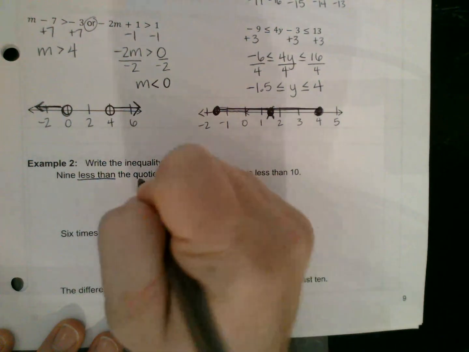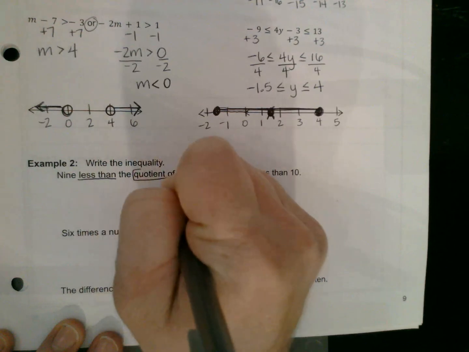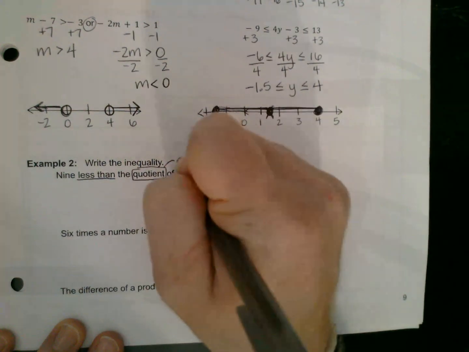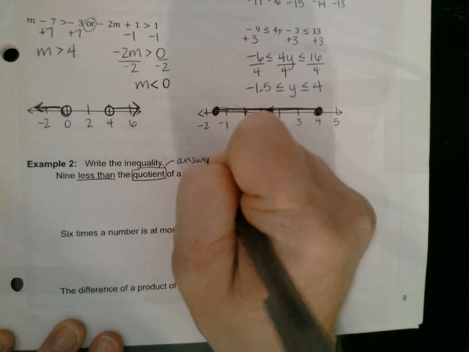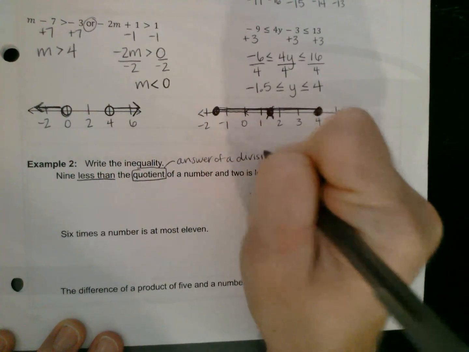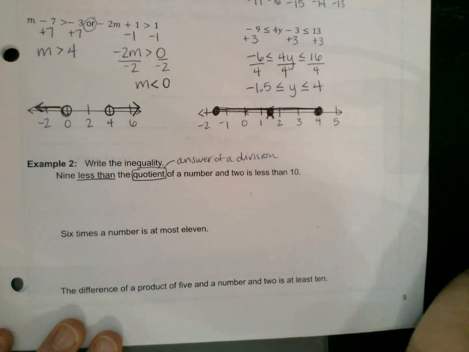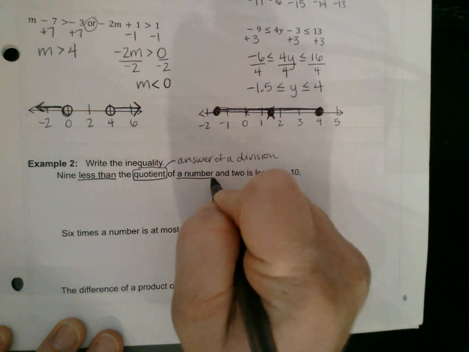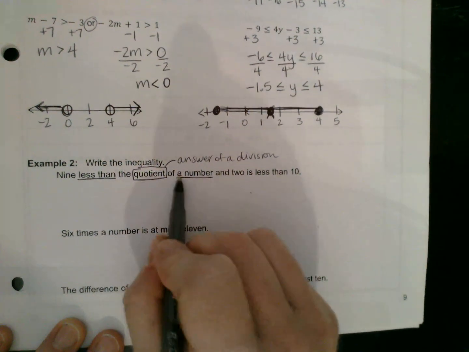The quotient, ooh, that's quite a big math word. Quotient is the answer of a division problem. So when we see quotient, we're thinking of dividing. And then when we see a number, this means I don't know what that number is.